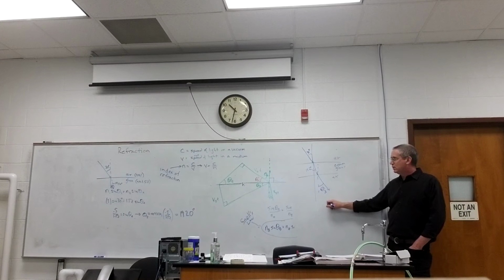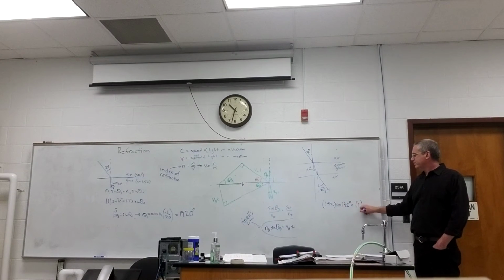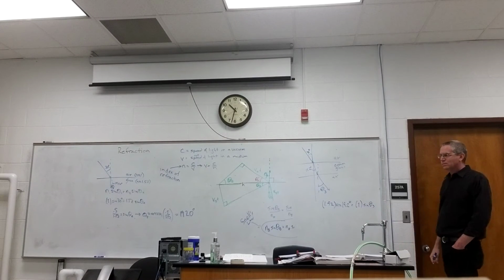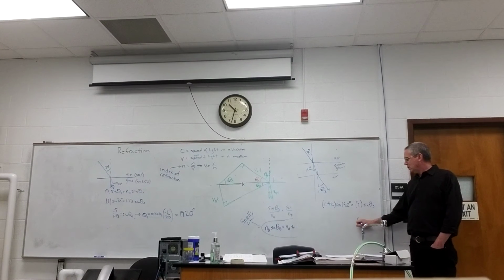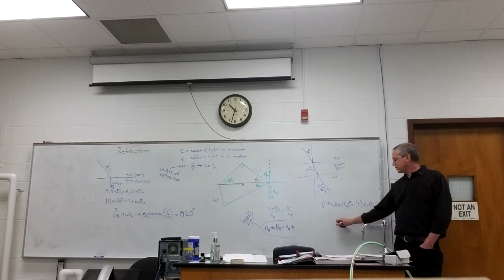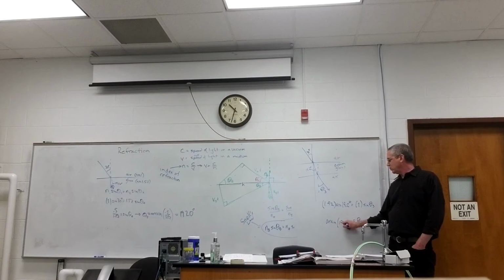We have going from here to here, so we have 1.52 times the sine of 19.2 degrees is equal to 1 times the sine of theta 3. So theta 3 is equal to the arc sine of 1.52 sine of 19.2 degrees.